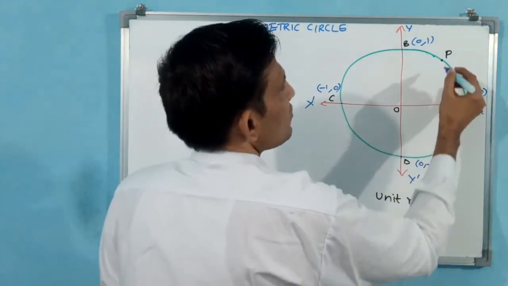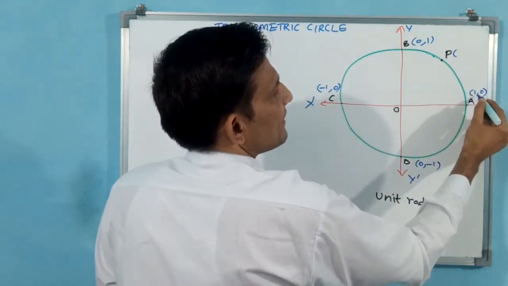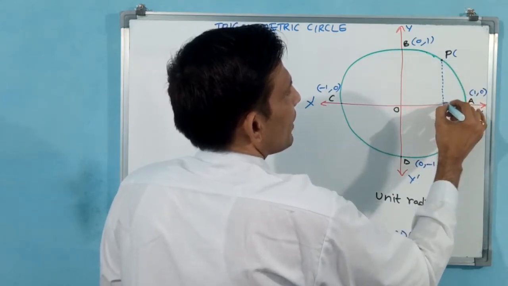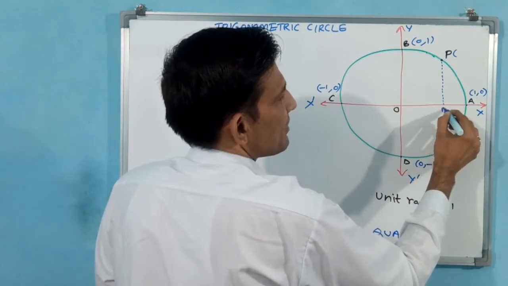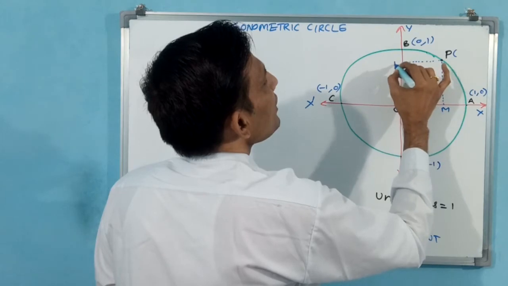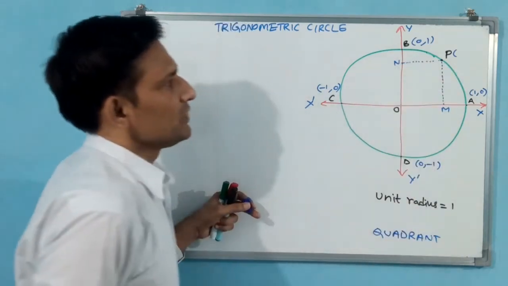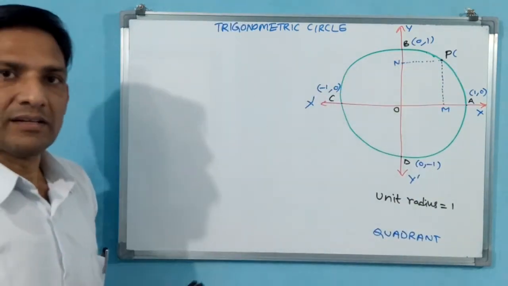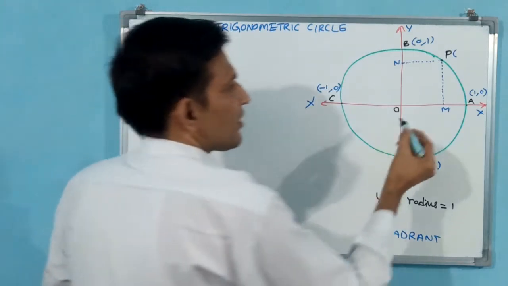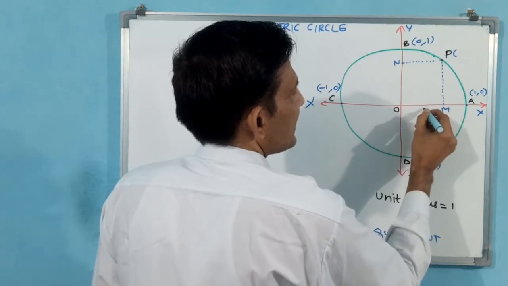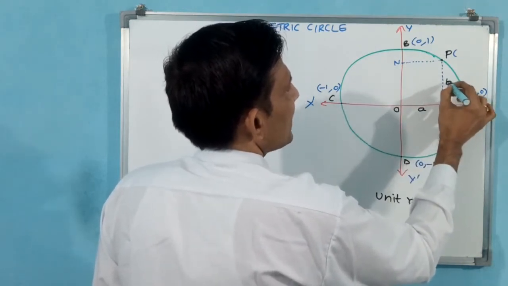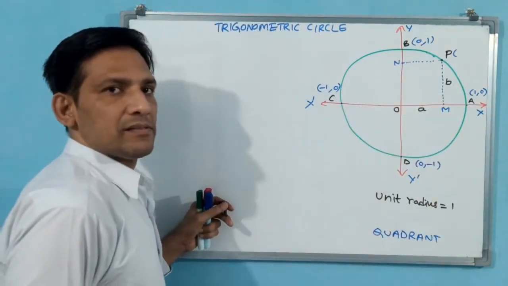Okay. Now you see P, I can say here it is going to touch the x-axis here at M. It is going to touch here at N. You see, is it correct or not? 100% correct. Okay. If it is touching here, then automatically I can give OM as a and ON as b. Okay.